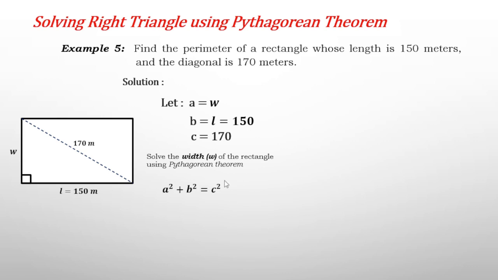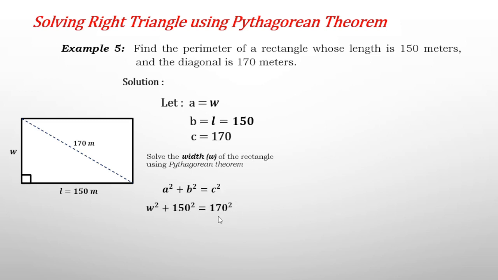We have a squared plus b squared is equal to c squared. Substituting the value of a, which is w, that becomes w squared. Substituting the value of b, which is 150, b squared becomes 150 squared. And substituting the value of c, which is 170, c squared becomes 170 squared.